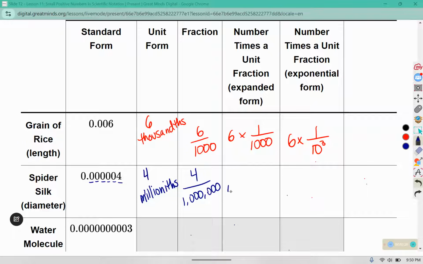And we could rewrite that by taking the 4 and multiplying it by 1 over a million. And a million is a 1 followed by 6 zeros. So we could rewrite that as 4 times 1 over 10 to the 6th power.